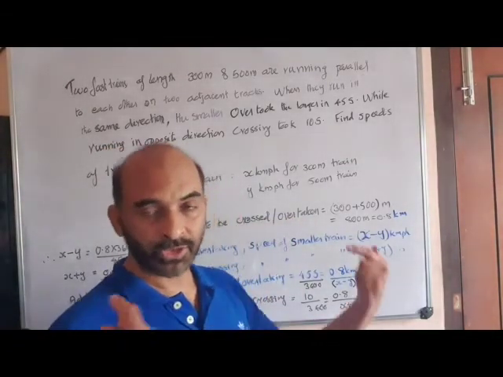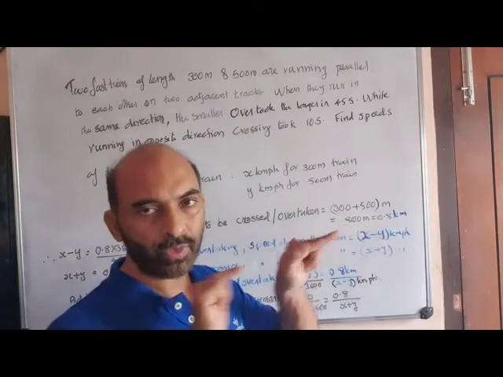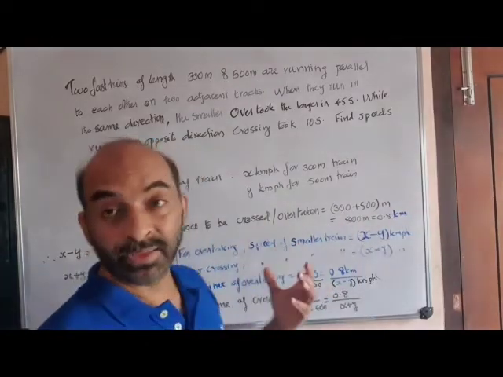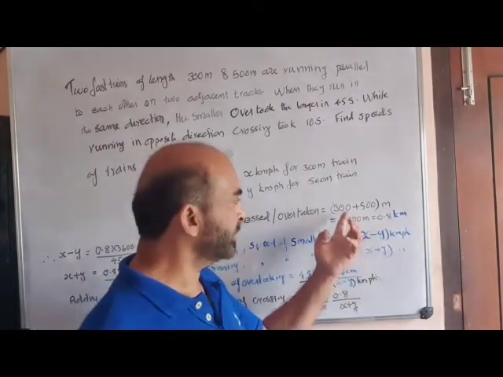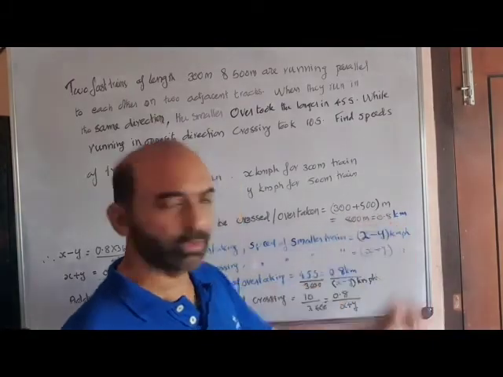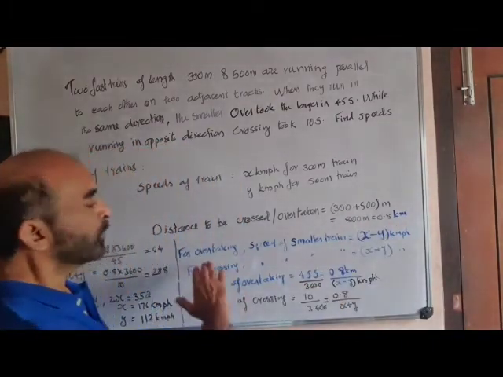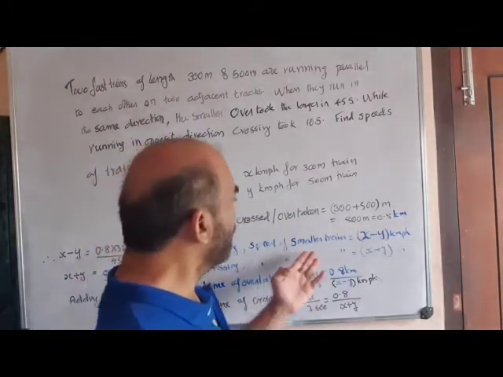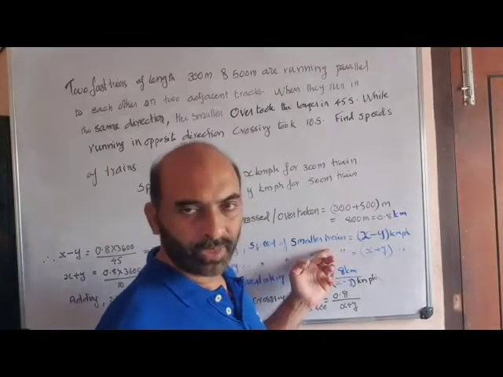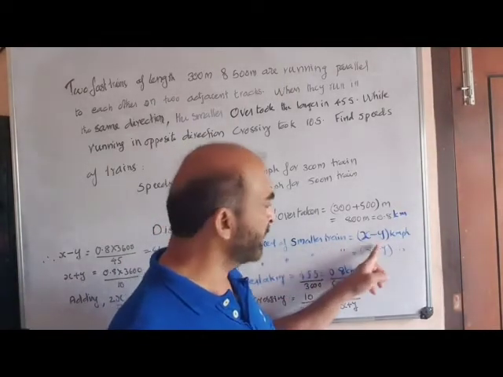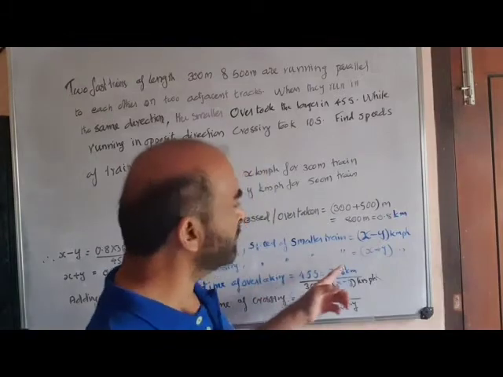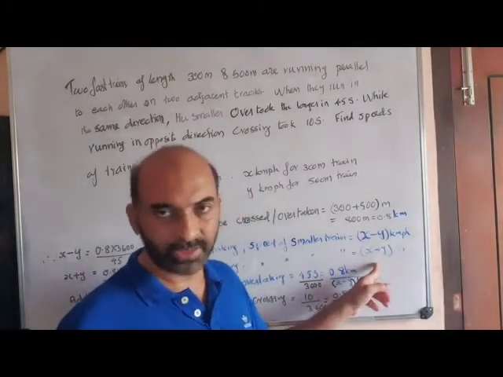Distance to be crossed or overtaken is the sum of the lengths of the two trains, 300 plus 500, 800 meter, which is equal to 0.8 kilometer. In the case of overtaking, the speed is the difference, x minus y. And for crossing, the speed is x plus y.